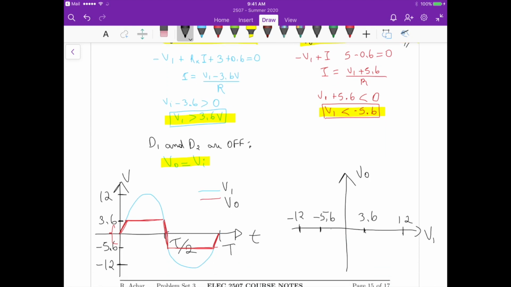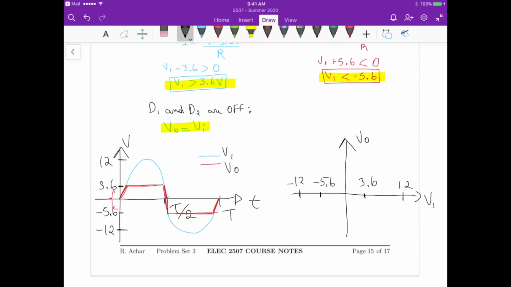If VI is less than minus 5.6, it stays at minus 5.6.